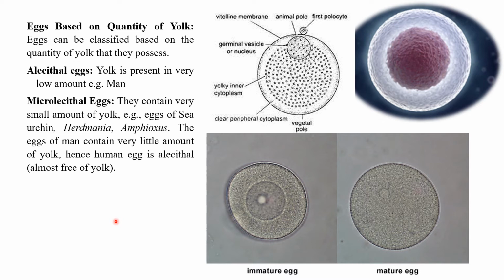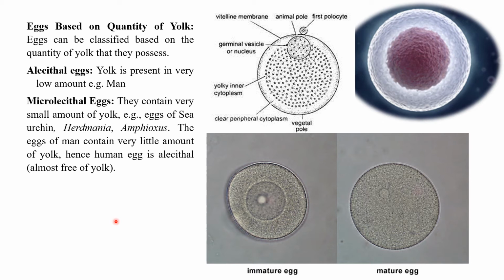And based on the quantity of yolk present in the ovum or the egg, we can classify them into several types. For example, the first one, alecithal egg. Here lecithal refers to yolk, and the prefix refers to the quantity of yolk.